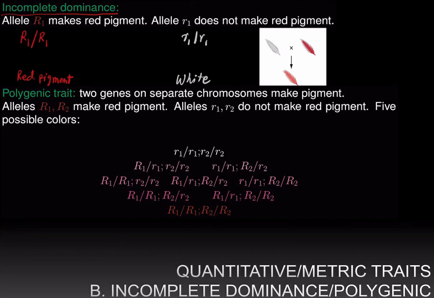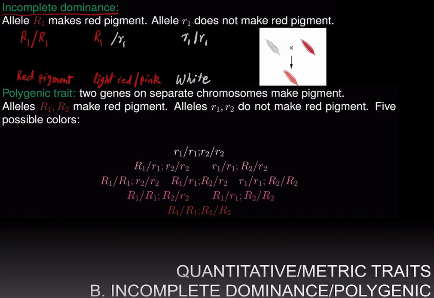The het, however, has one allele that makes pigment, and therefore the het will have half as much pigment as the individual who is homozygous for the big R1 allele. And perhaps this heterozygous individual is light red or pink in color.